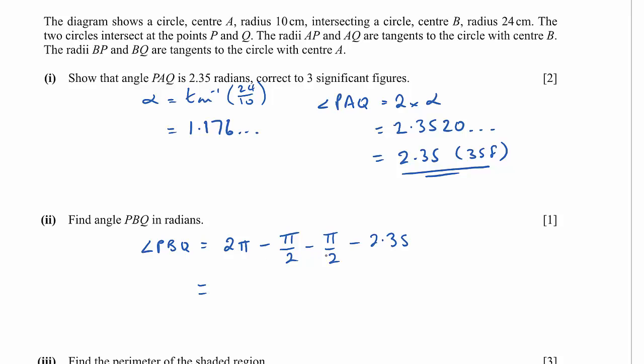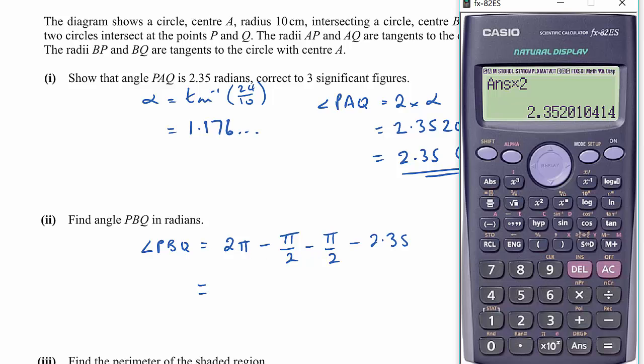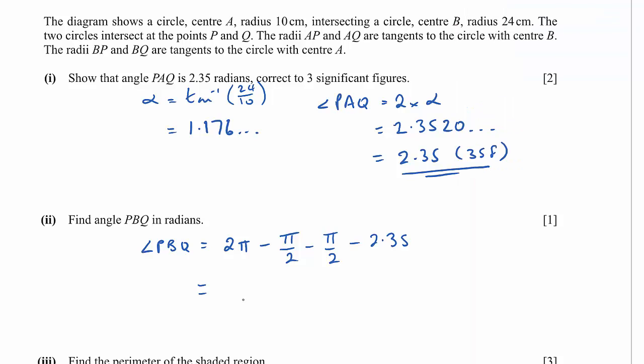And 2 pi take away pi by 2, take away pi by 2 is just pi. So I'm going to do pi, take away my last answer, and that's going to be 0.790. Correct to, I'm just going to use the same accuracy as I used here, three significant figures.